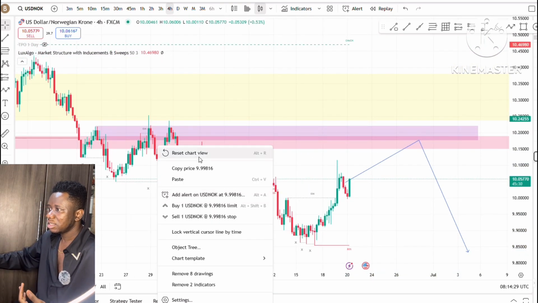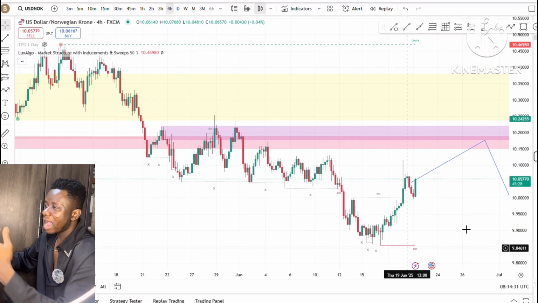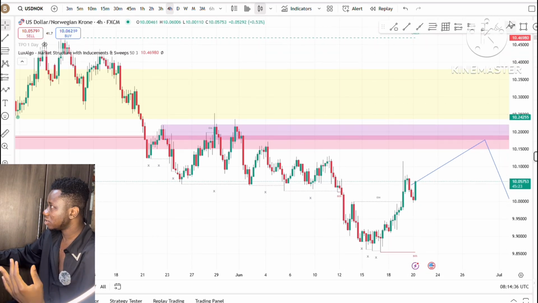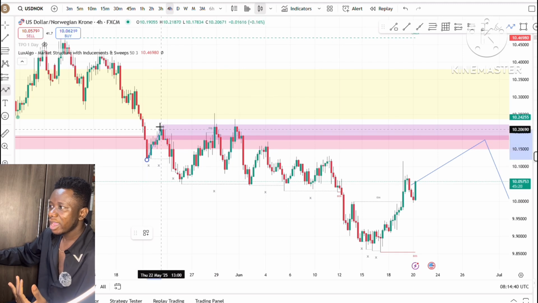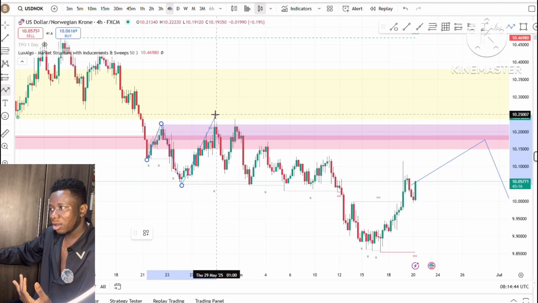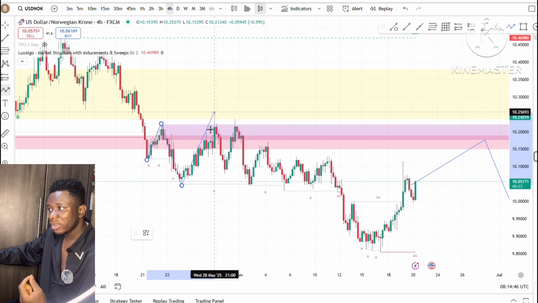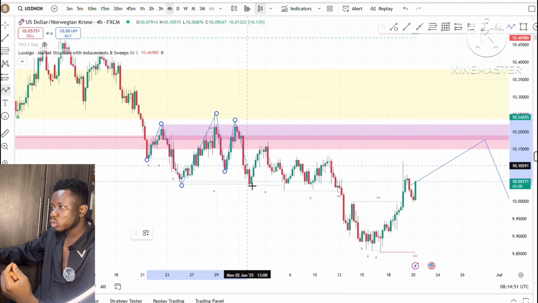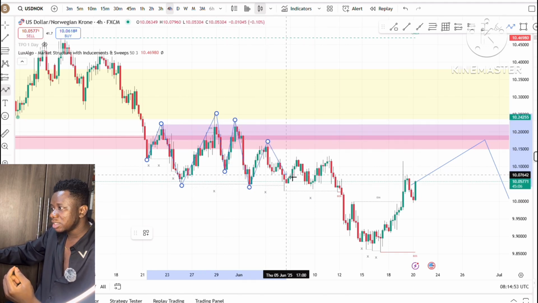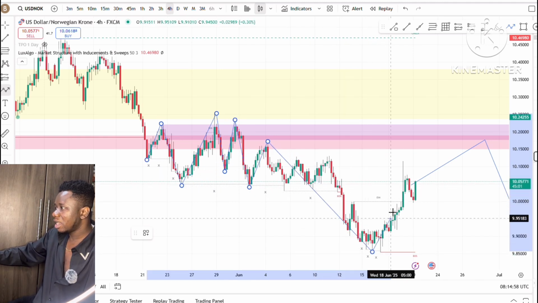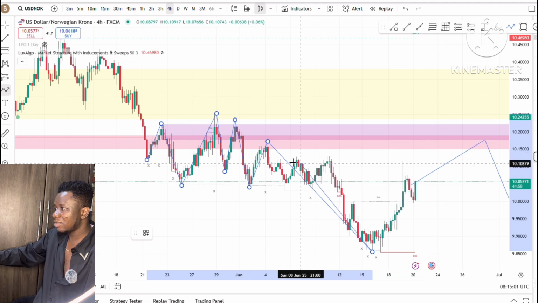So I came here and I saw my continuation model. As you can see in here, my continuation model is like this: a high, and break of that high, sweep of the previous high, and then a failure swing, and then structural liquidity, and then a break of the overall low, and then price is retracing around here to sweep this structural liquidity.